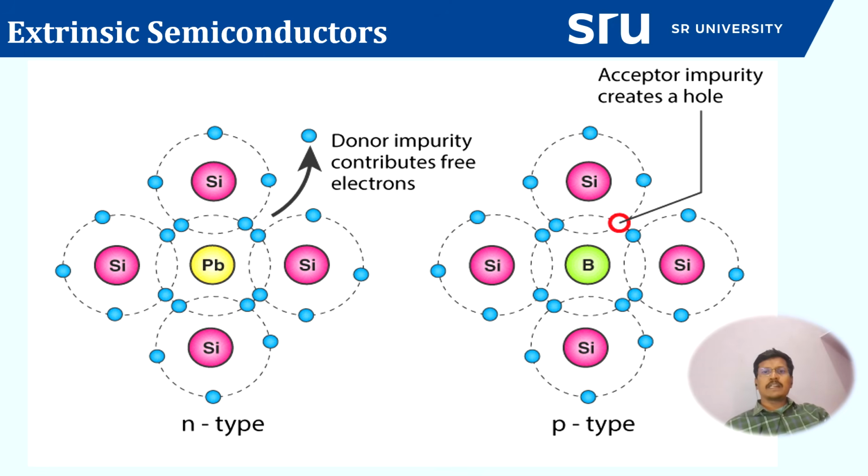Depending on the type of impurity added, we can classify extrinsic semiconductors into two categories, namely N-type semiconductors and P-type semiconductors. In N-type semiconductors, the electrons become more numerous and the majority charge carriers are electrons.